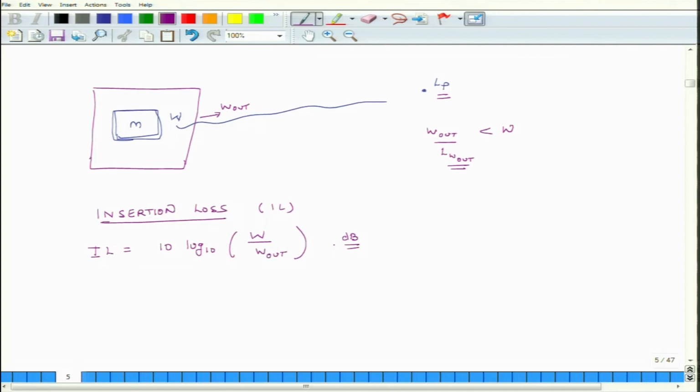And the moment you insert an enclosure in the system, the value of W out will be less. So, this term will be more than 1, and as the entire thing in the parenthesis keeps on increasing, the insertion loss becomes more and more.